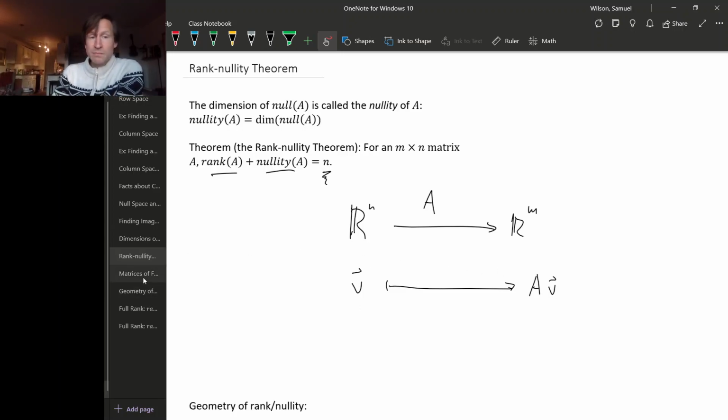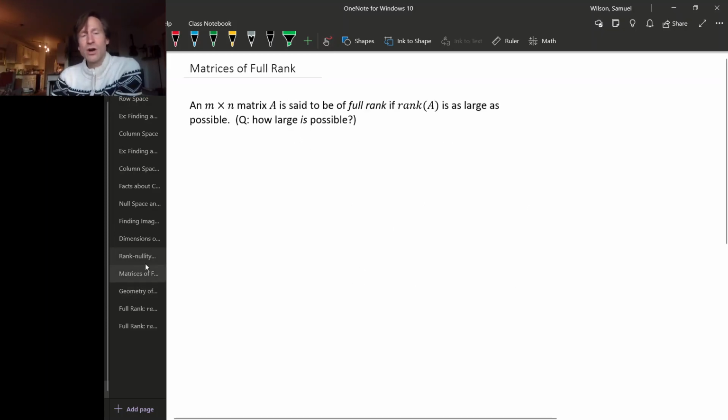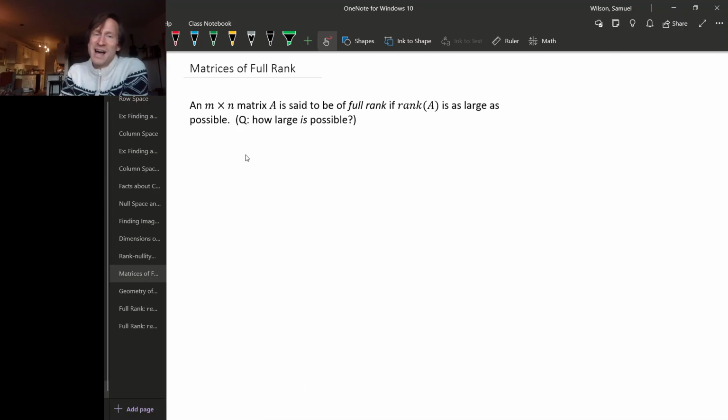Okay, so the special kind of matrix I'm talking about are called matrices of full rank. A matrix is said to be of full rank if the rank of the matrix is as large as possible. Well, how large is as large as possible?